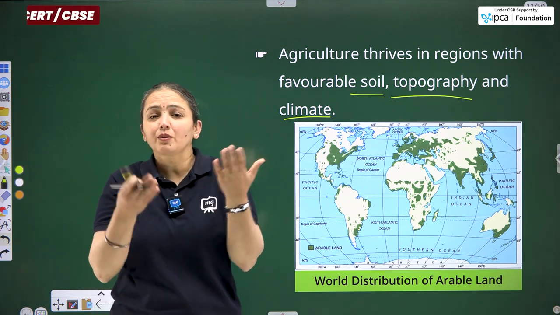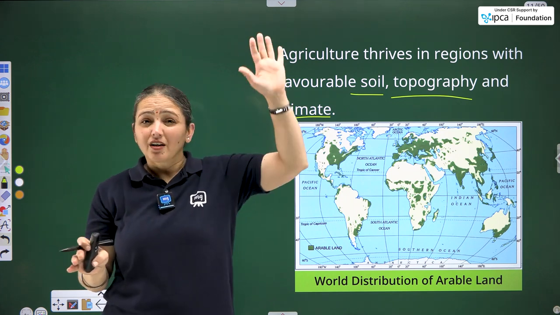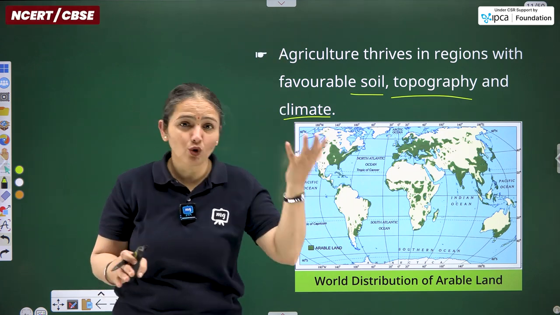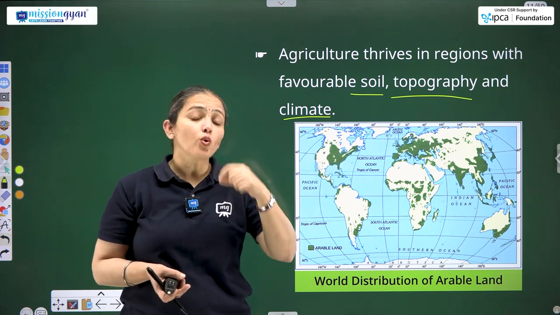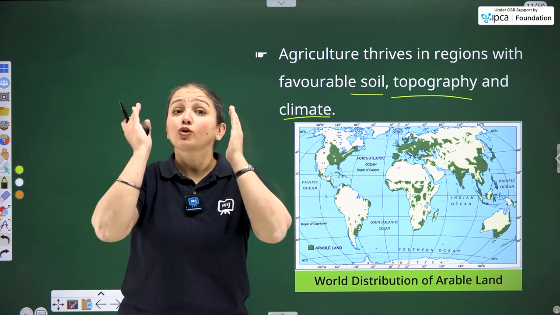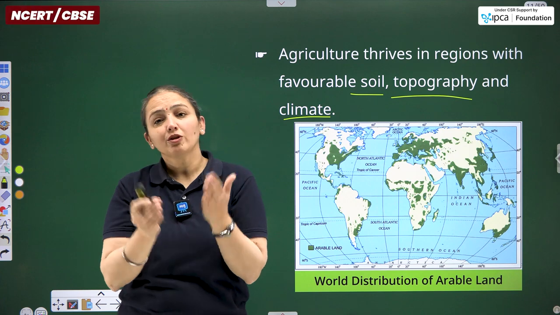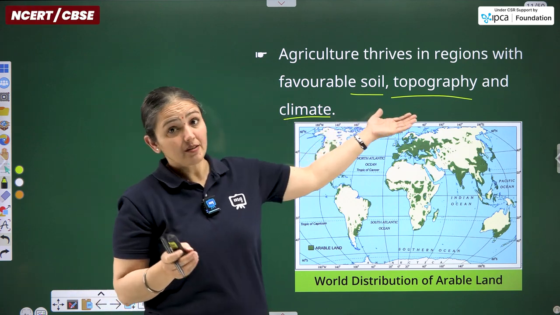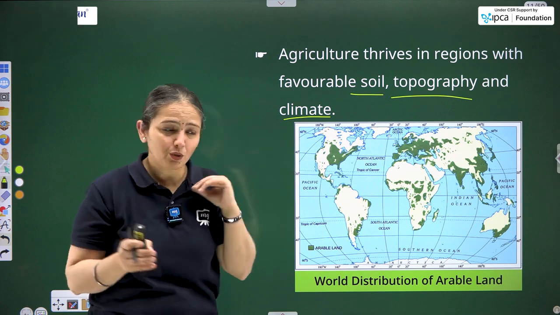Of course, in the plains, because they have a flat surface, and mountains are of rugged topography, they do have slopes. So there are various factors that affect the crop production in the mountains and in the plains. The most suitable landscape all over the world actually is the plains. So topography does affect agriculture practice in any part of the world.